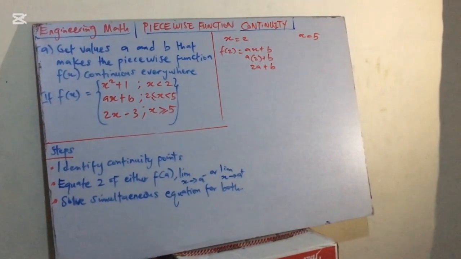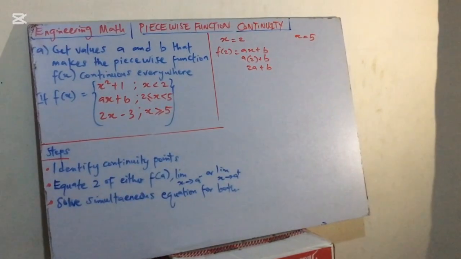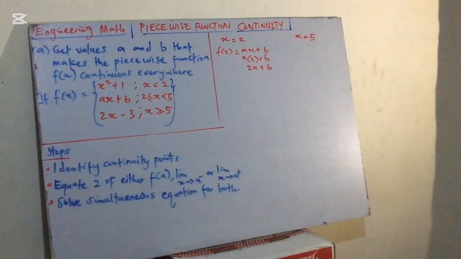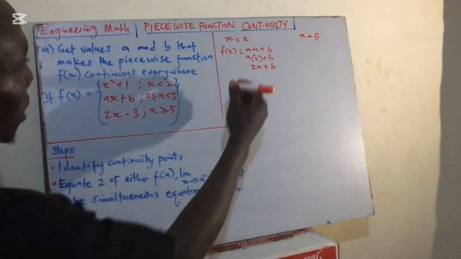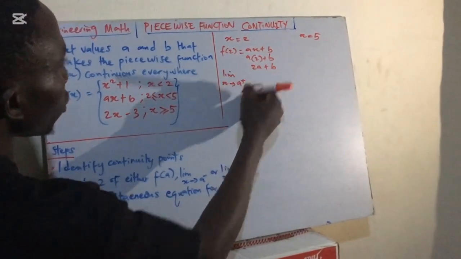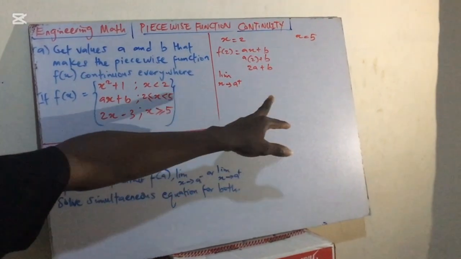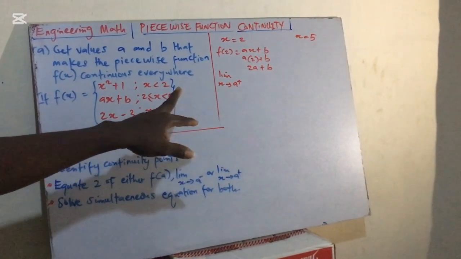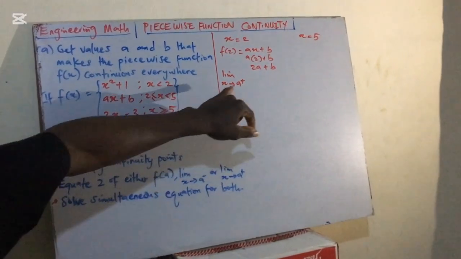Now we need one more out of this function. I can either use the backward or the forward. I choose to use the forward because everything is the same. So let me do the limit as x tends forward, that is a plus. This is telling us that x is greater than 2.